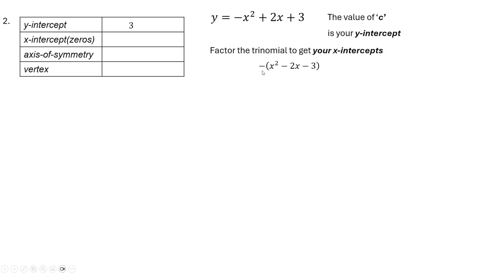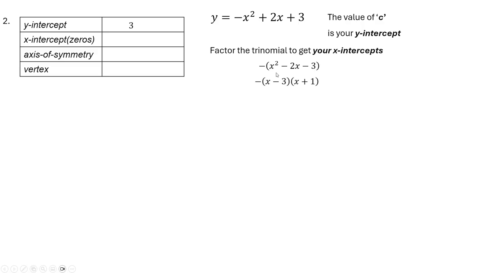If we multiply this negative times this trinomial, we'd be right back to here again. But by doing this, now we don't have any negative in front of our x squared, and we can just factor this the way we did the rest of the trinomials.